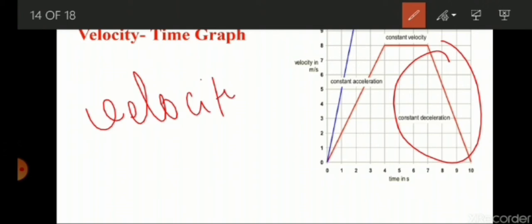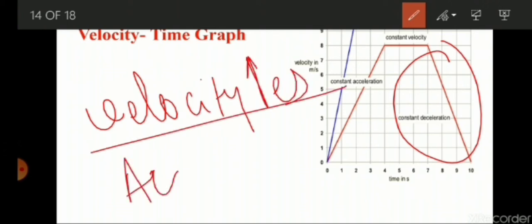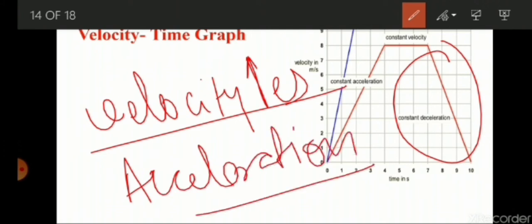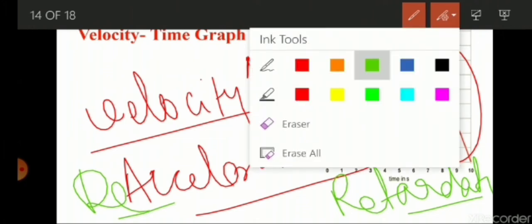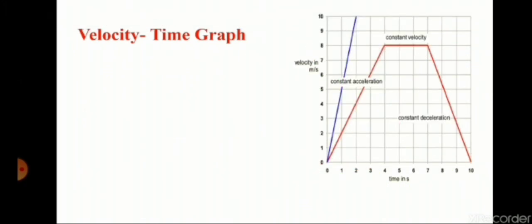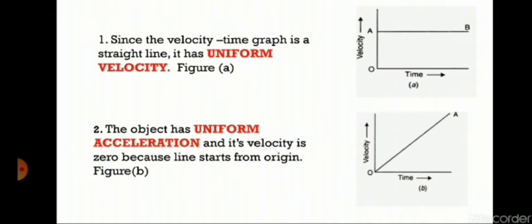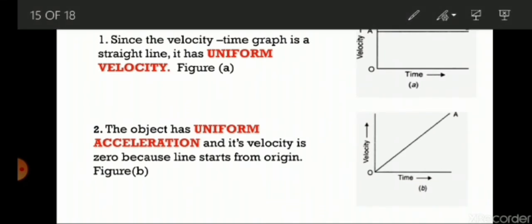Keep this in mind: if the velocity increases then it will be your acceleration, or if the velocity decreases then it will be your retardation or deceleration. So this is all about the velocity time graph.